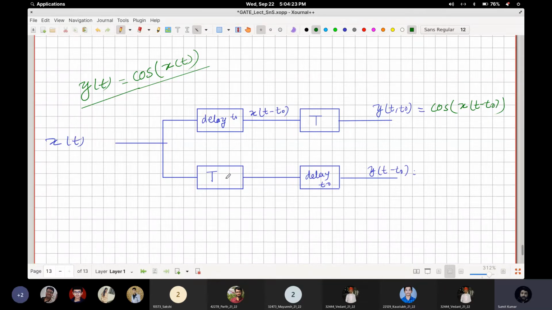When you apply the system, you get cos of x(t). And when you replace t with t minus t naught, you get y(t minus t naught) equal to cos of x(t minus t naught). So both of these are equal, and this is going to be a time invariant system.